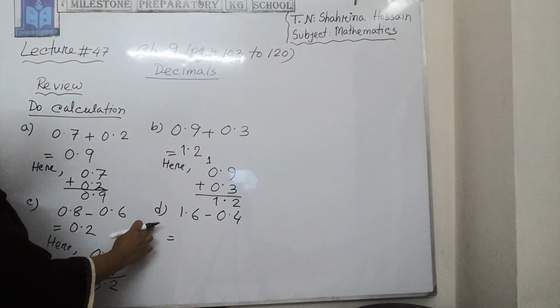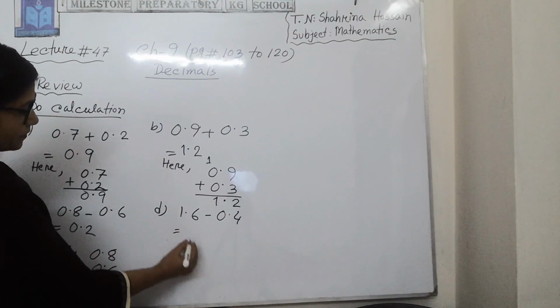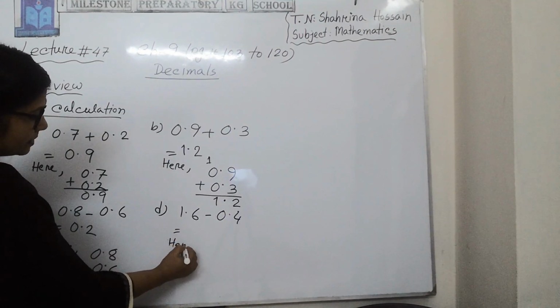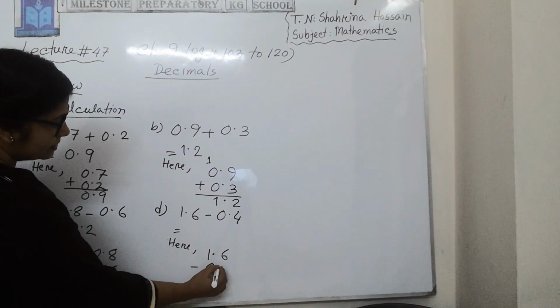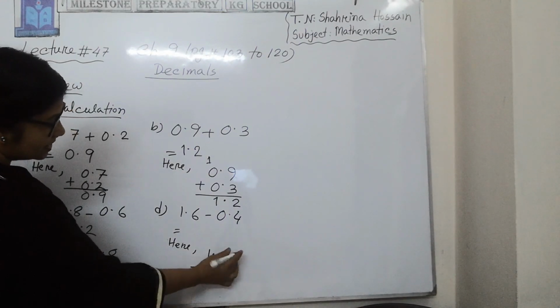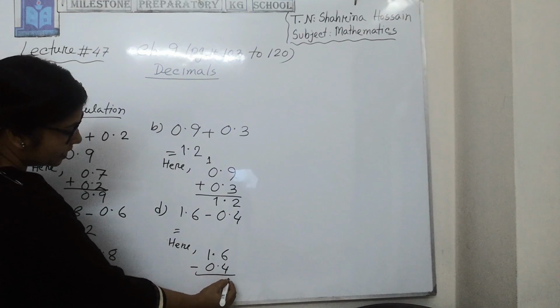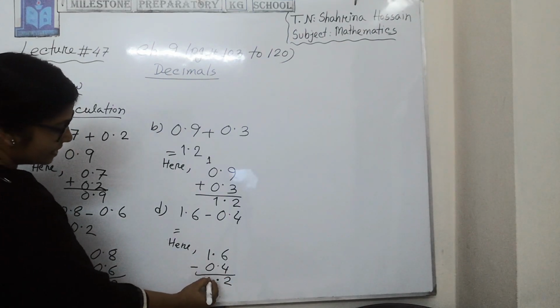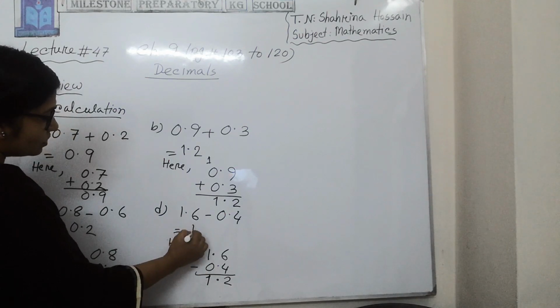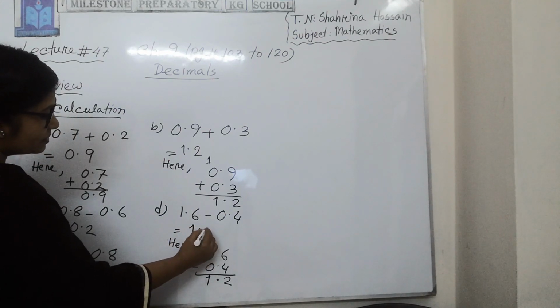Number D, then C, here 1.6, then minus 0.4. 6 minus 4 will be 2. Now 1 minus 0, my answer is 1. So the answer is 1.2.